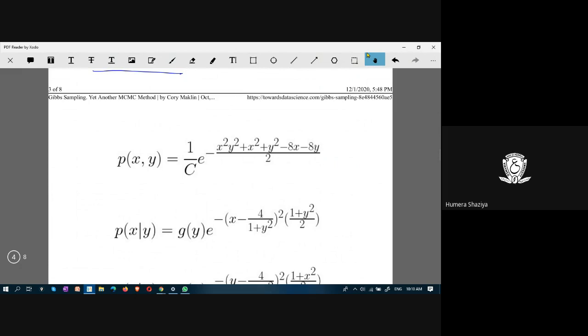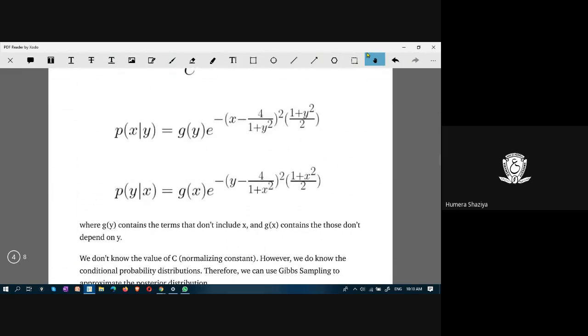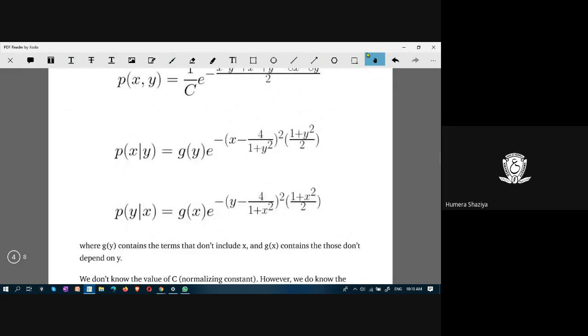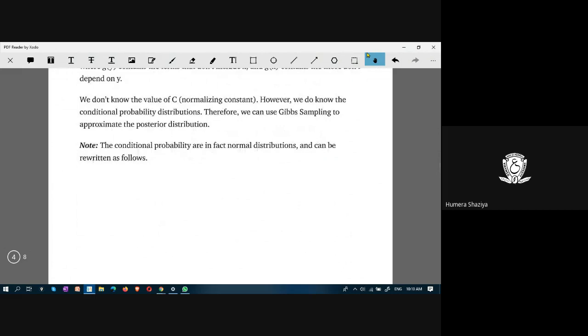So this is the joint probability, and this is the conditional probability, and gy contains the terms that don't include x, and gx contains those terms that don't include y. G of y is e to the minus this. You just substitute the values of x and y and obtain this. And c is a normalizing constant.